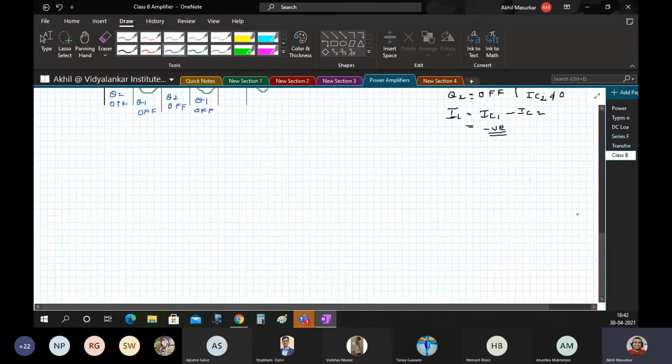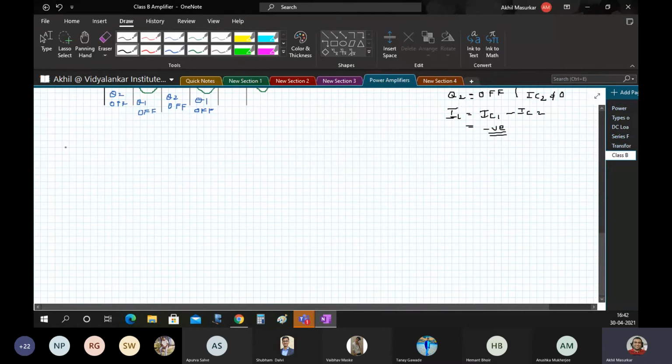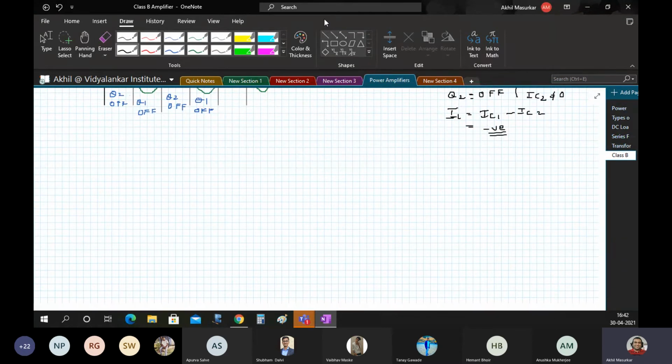So what exactly is crossover distortion? To understand that, we can again have an axis.